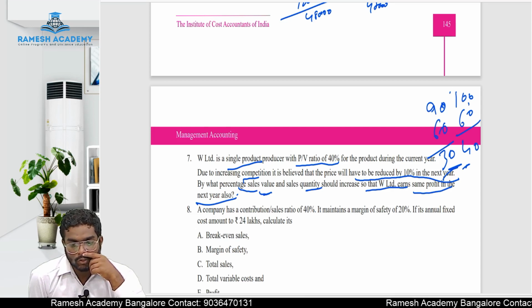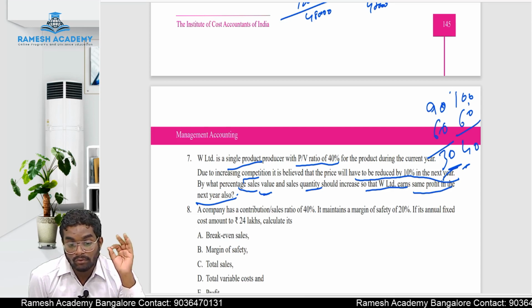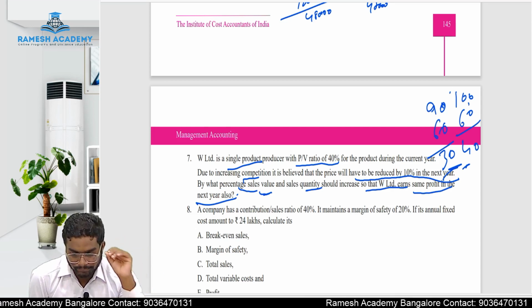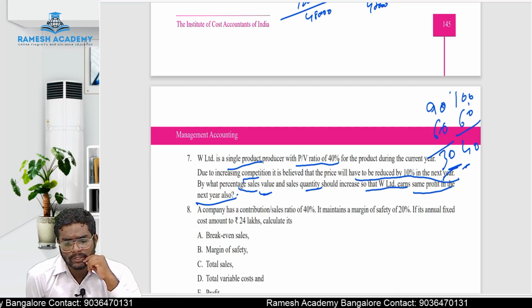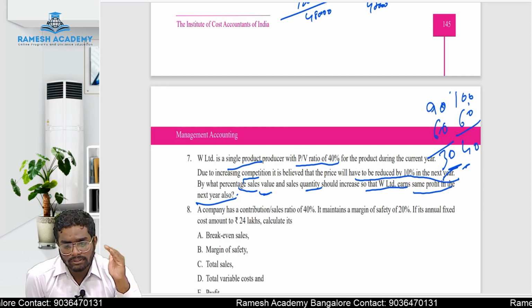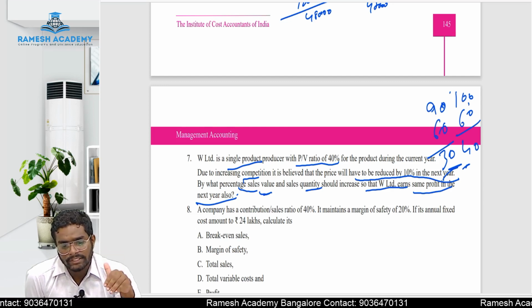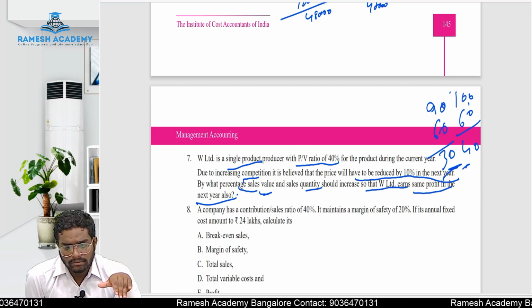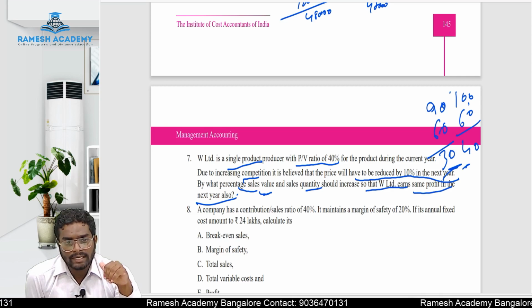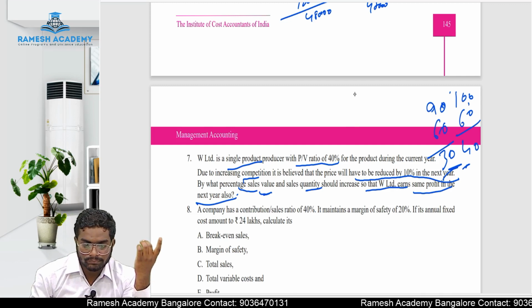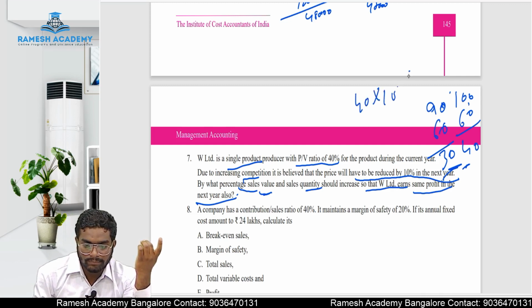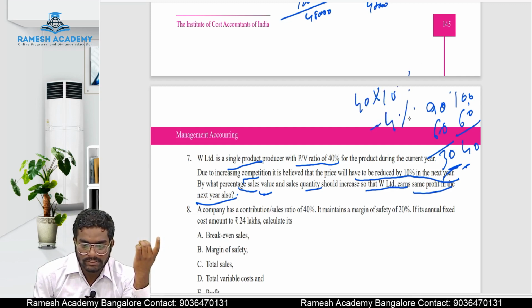So now how do we solve this? First we have only the PV ratio. PV ratio is directly concerned with the selling price or the sales quantity. Now if suppose the sales price or sales quantity is reduced by 10%, then PV ratio is also reduced by 10%, which means 4%.